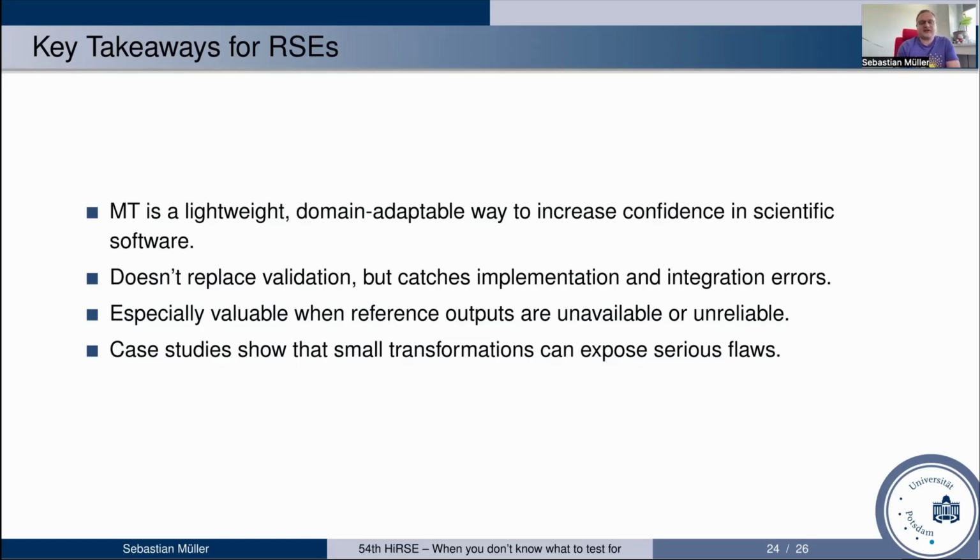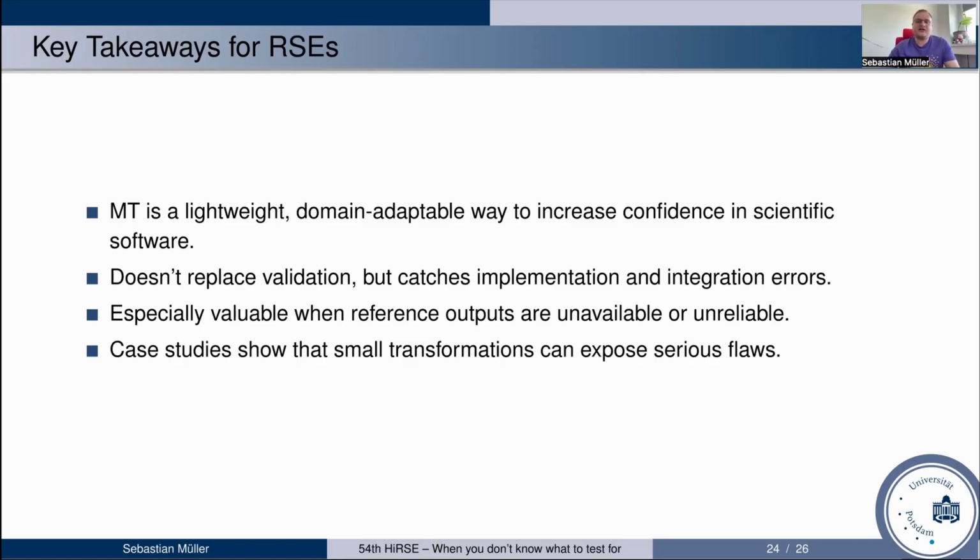So what are the key takeaways for you as RSEs? Well, metamorphic testing is a lightweight and domain-adaptable way of increasing your confidence in what your programs are doing. It doesn't really replace validation, but it might help you catch implementation and integration errors by uncovering inconsistent behaviors in your programs.